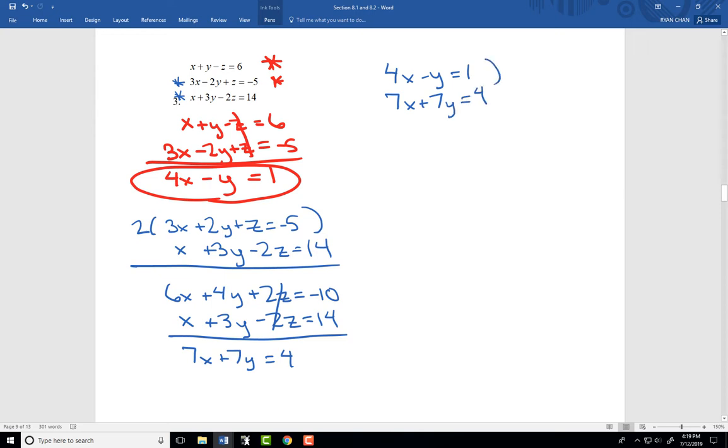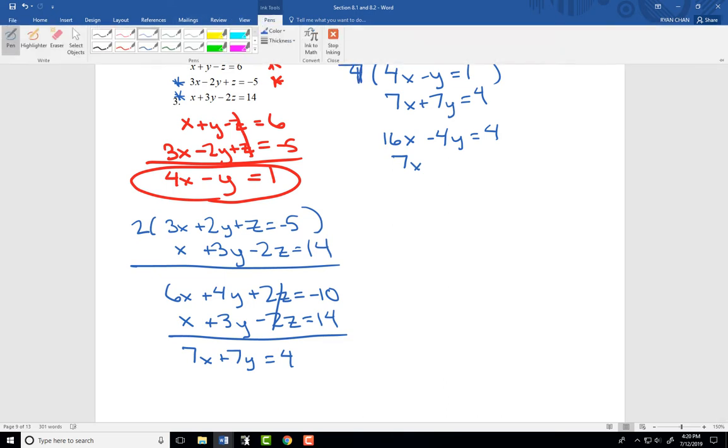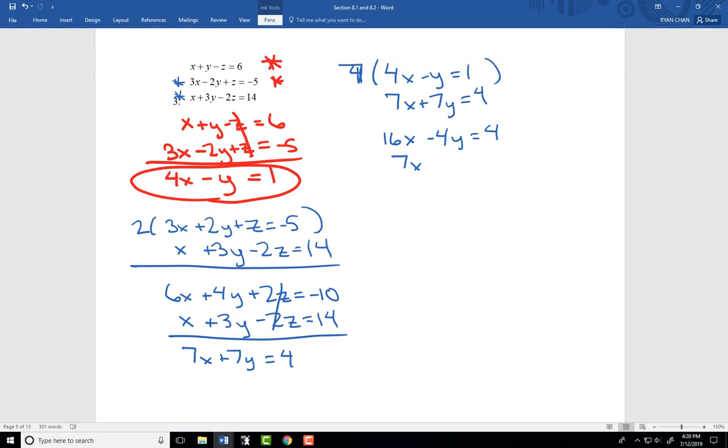I multiply the top row by 4. So I have 16x minus 4y is equal to 4. Sorry, my apologies. Actually, we'll multiply by 7. Sorry, let me redo that all over. I multiplied by 7.